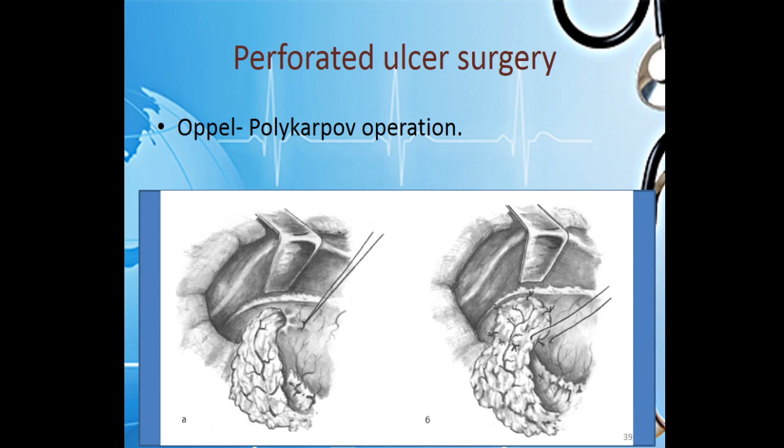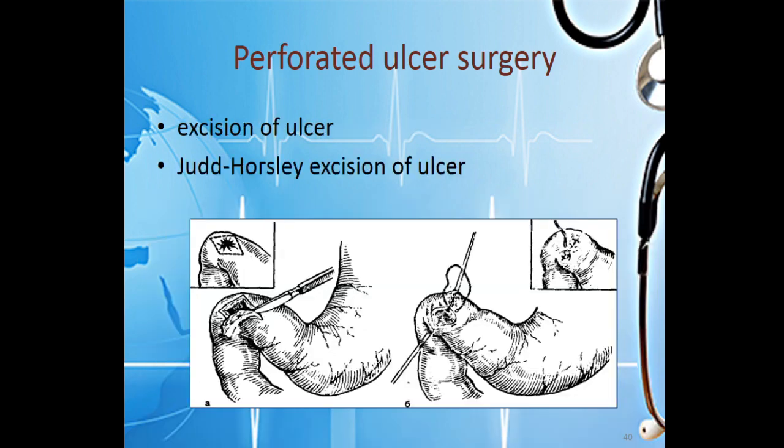Of course, there are many other operations to treat perforation, like Judd-Horsley excision, because the edge of our ulcer is chronic, may be very infiltrative, and our sutures could be insufficient.